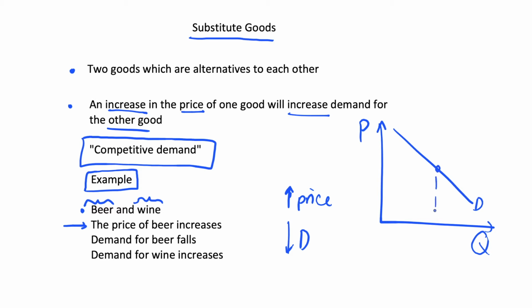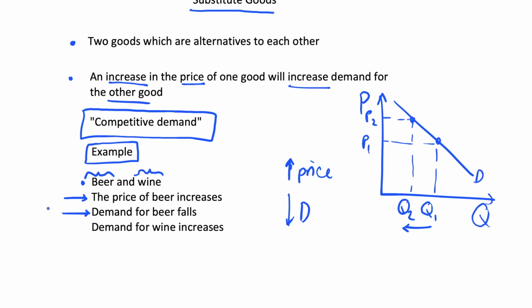We could say we are initially at this point here, P1, Q1, we have price 1 and the demand is Q1, and let's say for whatever reason the price of beer increases up to P2. Well, clearly we see that the demand is going to fall as we have a downward sloping demand curve. A higher price means we demand less. So that's what it says there, demand for beer falls.